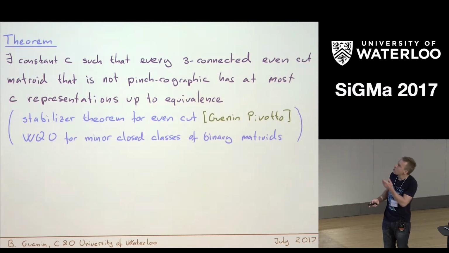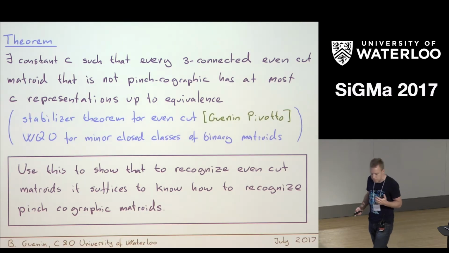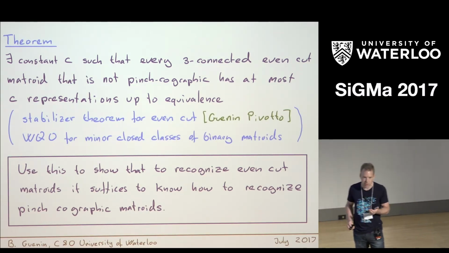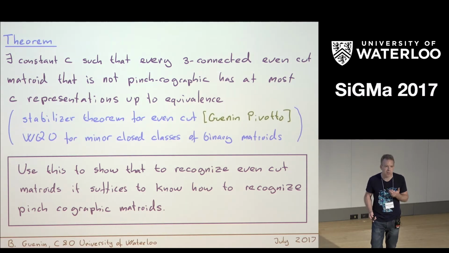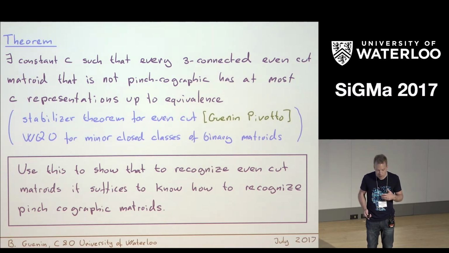All right? And how do we use this result? We use it to show that if you want to check if a matroid is an even cut matroid in polynomial time, then all you have to do is to have an algorithm that checks if a matroid is a pinch cographic matroid, right?